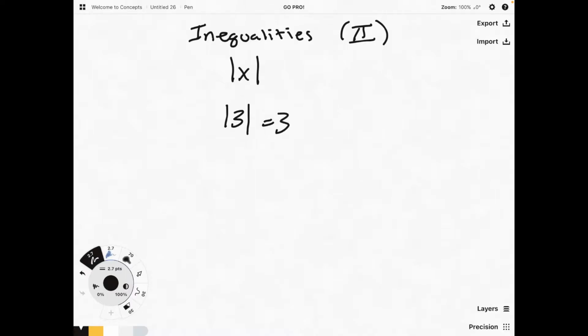And we know this because if we look at a number line, and we have 0, 1, 2, 3, we know that 3 is 3 units away from 0, which means it has a magnitude of 3. Similarly, if we take the absolute value of negative 3, then we're still going to get 3.